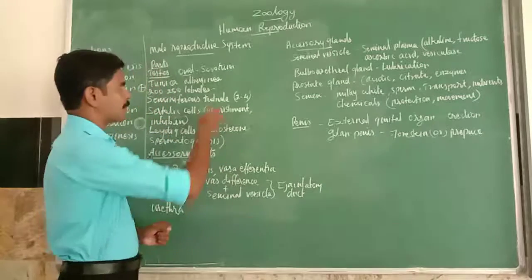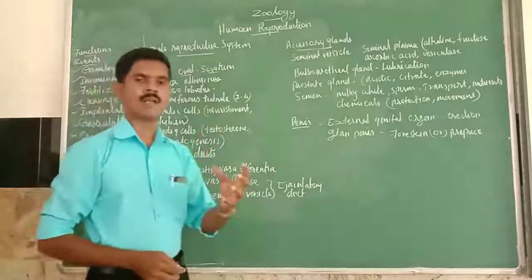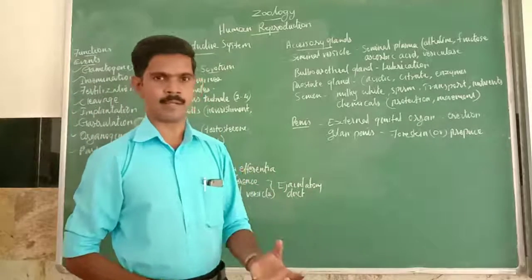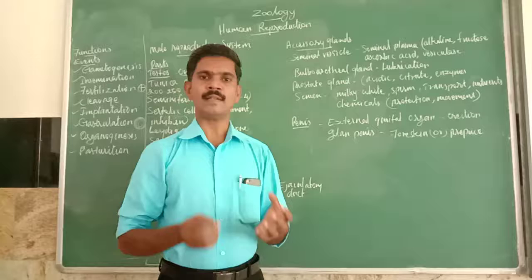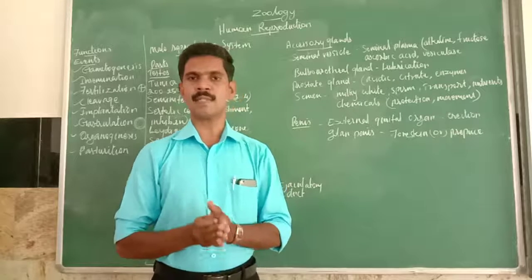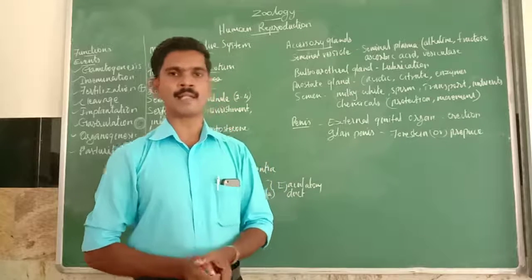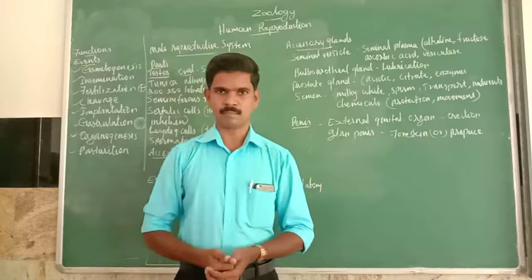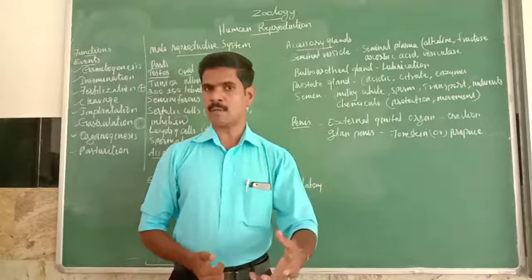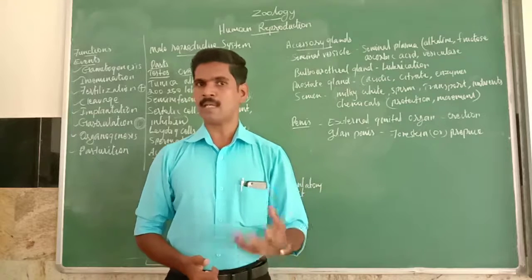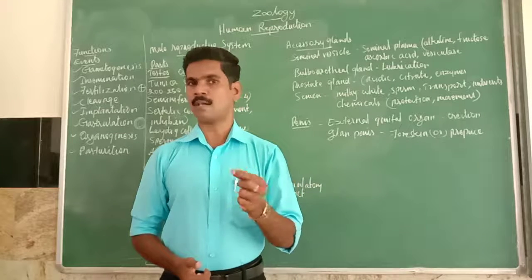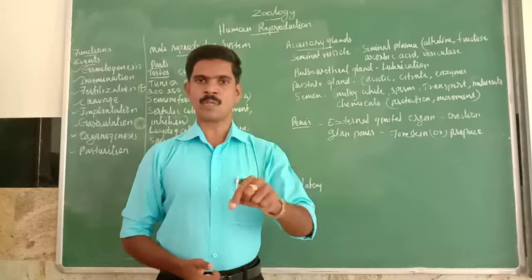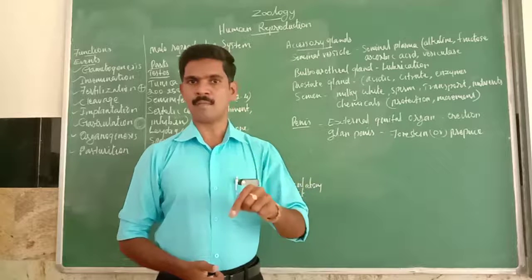The next point. The testis is always hanging outside the abdominal cavity, and it is kept inside a sac or bag-like structure. The name of this bag-like structure is scrotum. Inside the scrotum only, the testis is always kept.